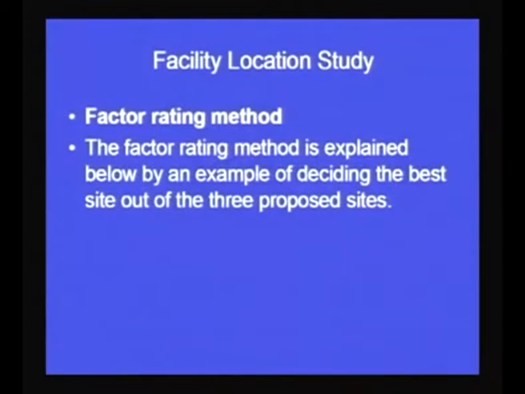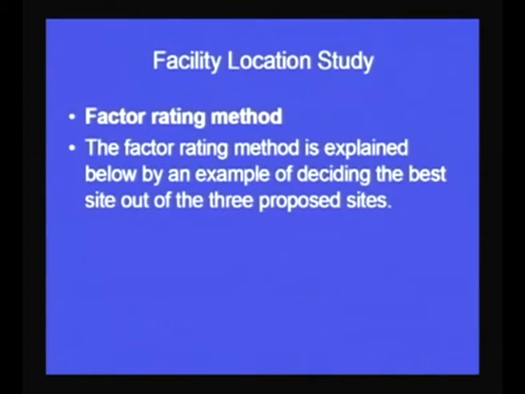Now, we can take a study regarding the facility location, that is, how to make a judicious decision regarding the location of a facility. The factor rating method is one of the methods used for making a decision when we have a choice among different locations. Suppose we can set up our facility in 5 different locations.